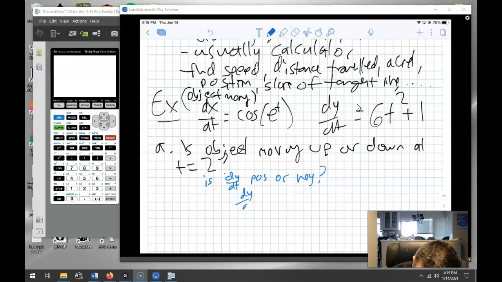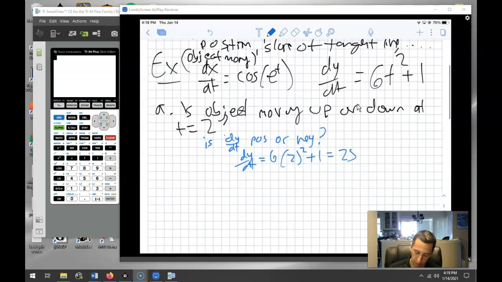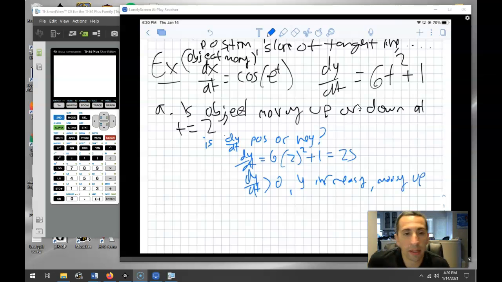So dy/dt at time 2 is equal to 6 times 2 squared plus 1, which is 25. Again, the value here is not super important. What's important is the sign. So since dy/dt is actually a positive number, that means that y is increasing, which means that this object is moving up. Okay, so that's how you approach a problem like this.